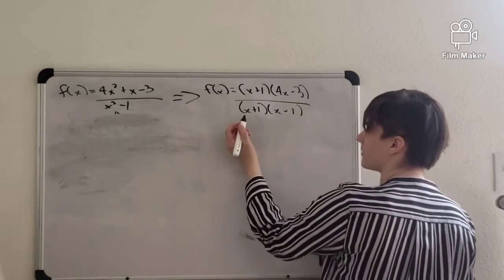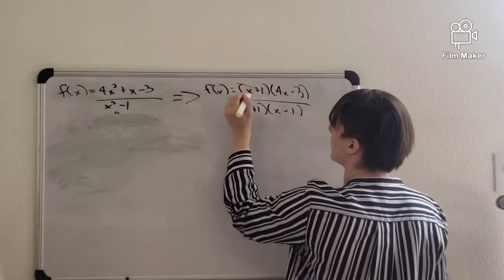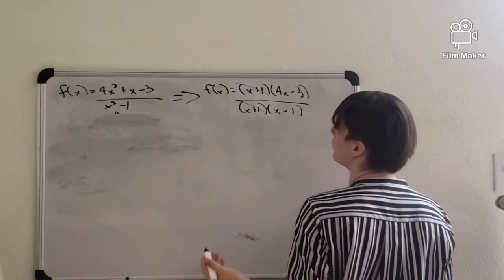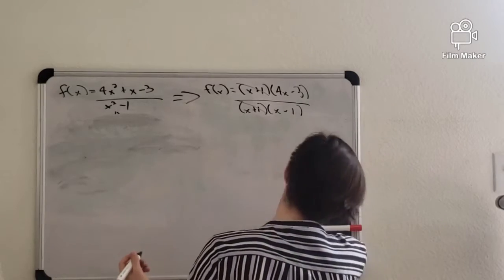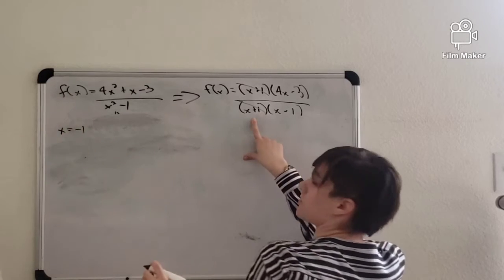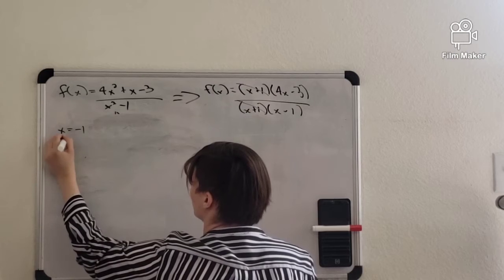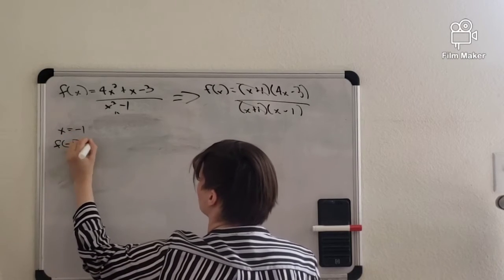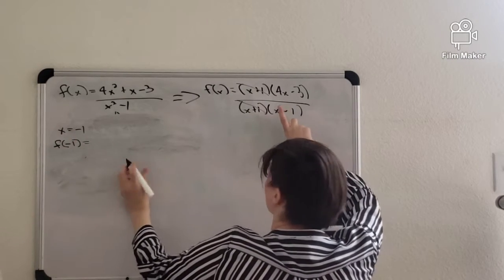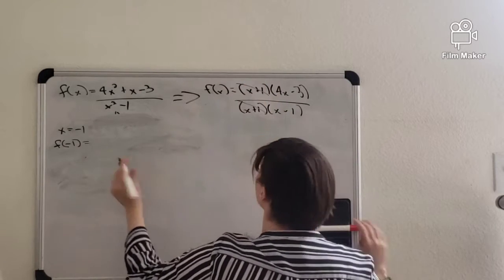Alright, so looking at this, right away you can see that there is a hole in this equation because the x plus 1 cancels out. To find that hole, what we're going to do is set x equal to negative 1, because that's where the hole is, x equals negative 1. And we need to find the y component of that hole. So we put it into the equation, and we're going to use our factored form because it's going to be easier, and obviously this cancels out to 1.